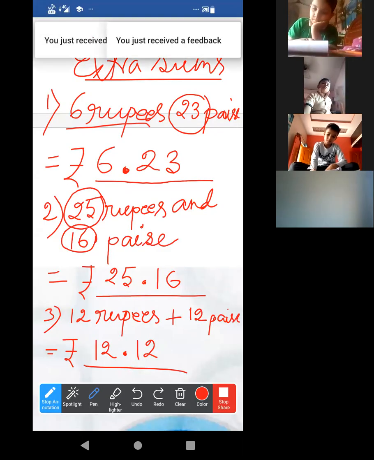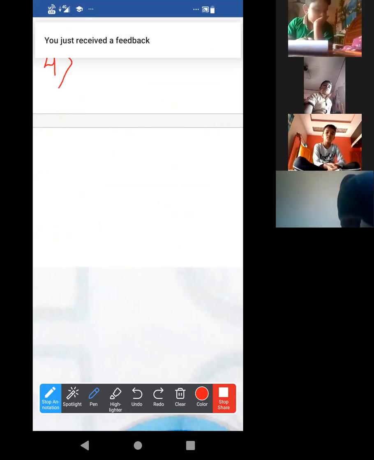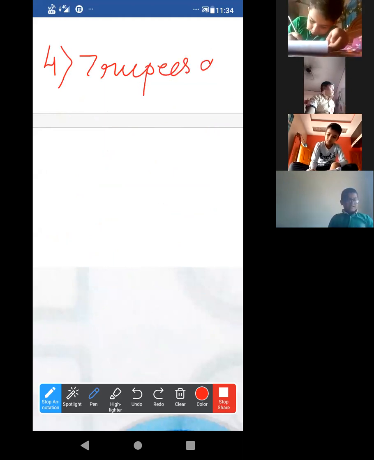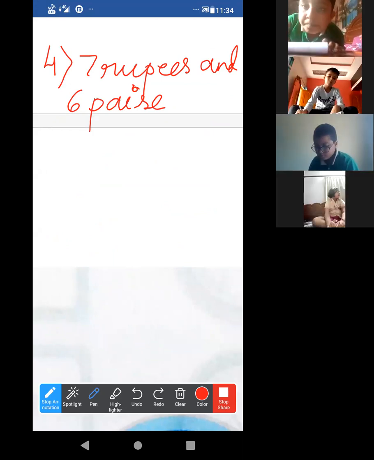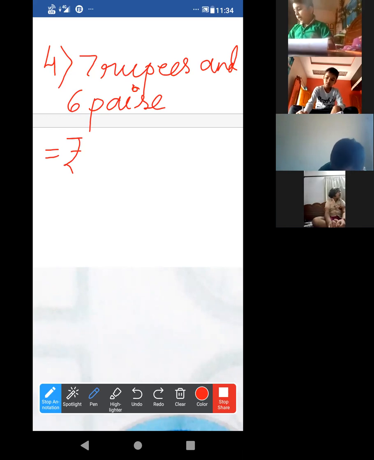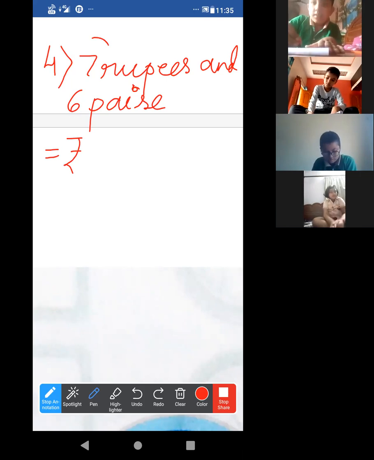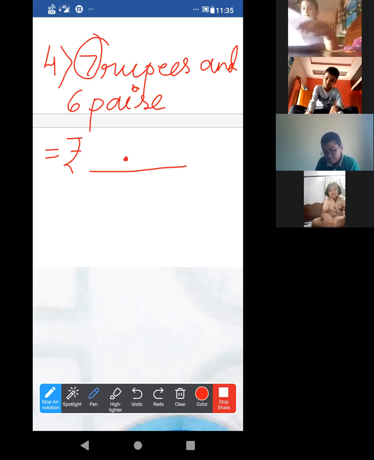Okay, now look at this. The fourth one: 7 rupees and 6 paise. Give me some time. We are totally dependent on our technical areas. Okay, now look at this. Here basically one interesting thing is there. Shuprit, this one is 7 rupees. So there will be a decimal point. Before the point, we will put the rupees, 7.